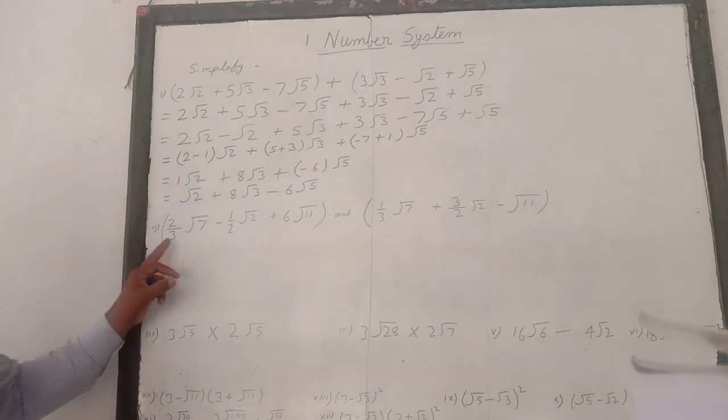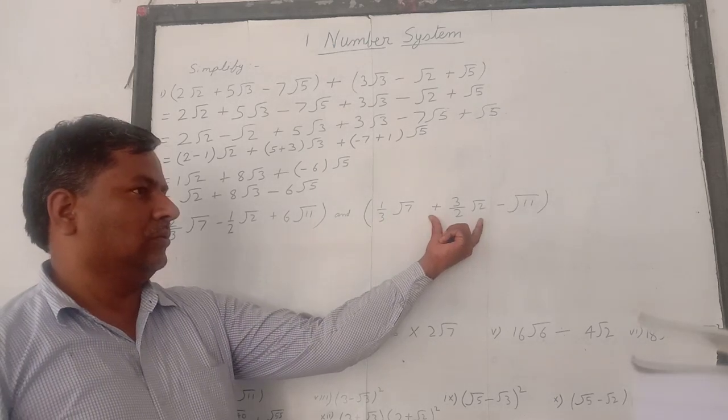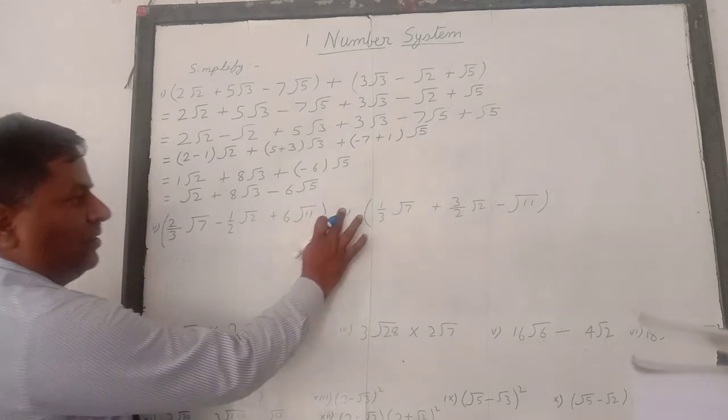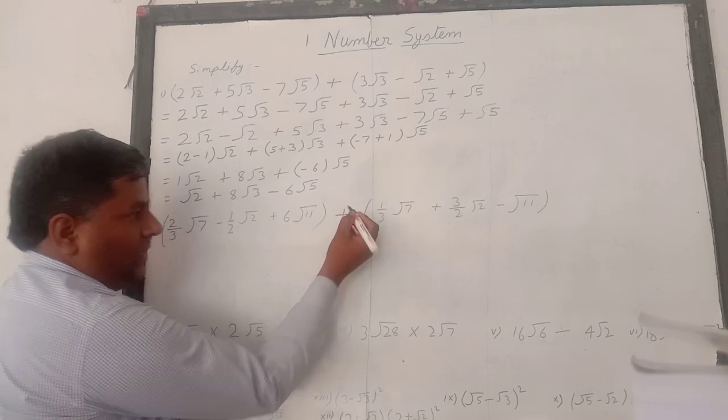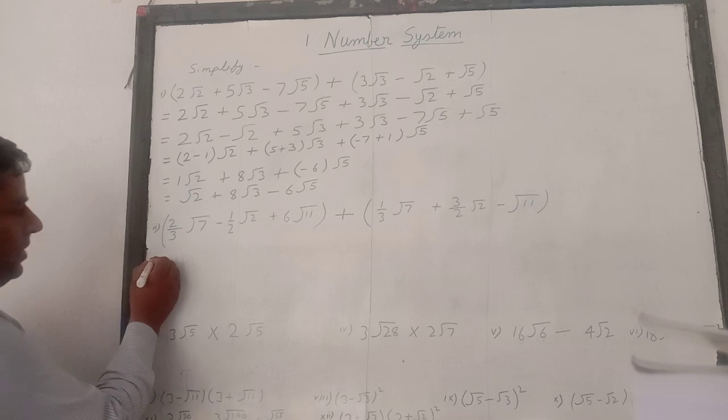In the same way, in question number 2, we have to add these two terms. So in this case again we have to do the same thing: first take out of the bracket.